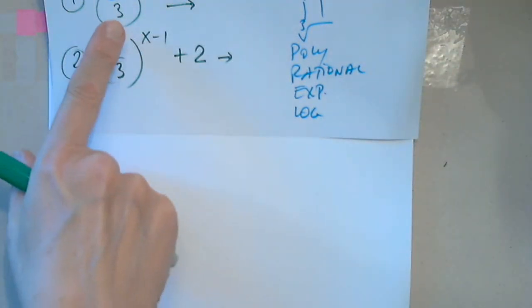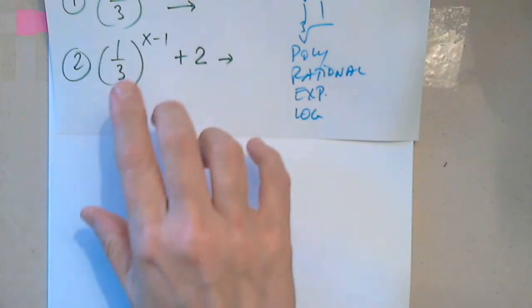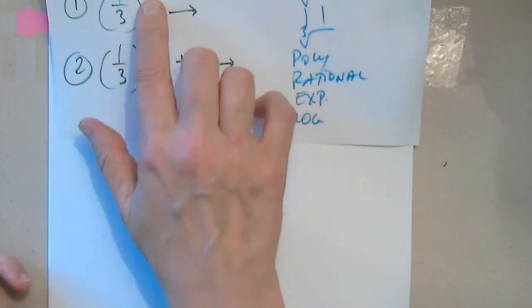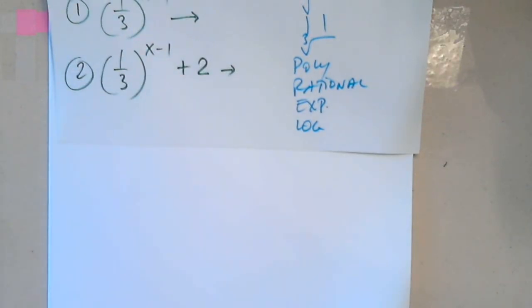So what does this do to this function? Is there a change in x or a change in y? So we are changing in x. So when we change x to x minus 1, what does this do?